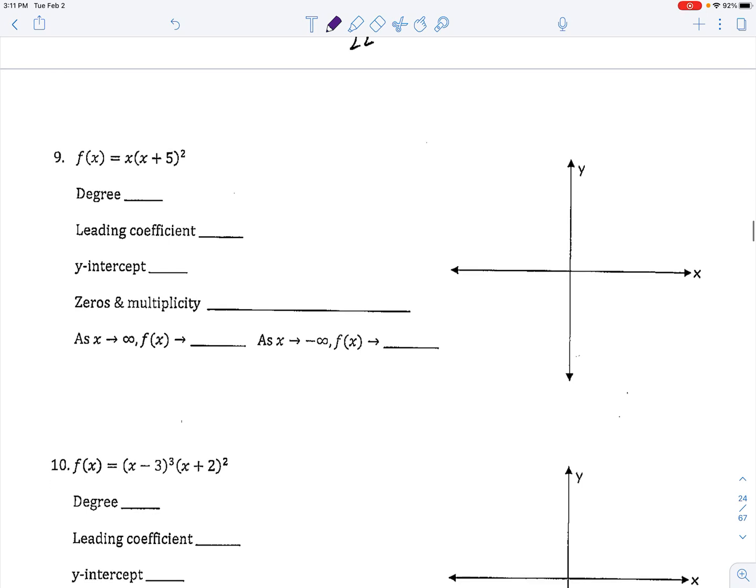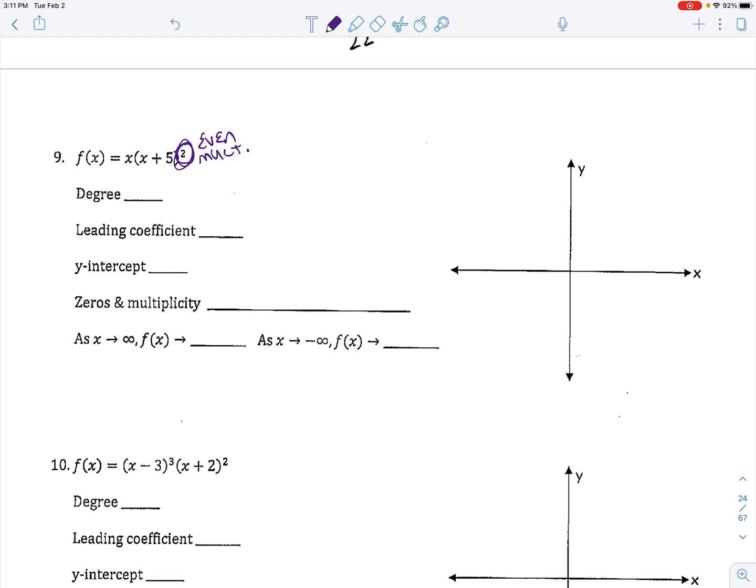Let's do another one here. All right, let's do 9. 9's a little interesting because people get a little confused by that GCF out there. All right, so number 9 is x times x plus 5, that quantity, squared.